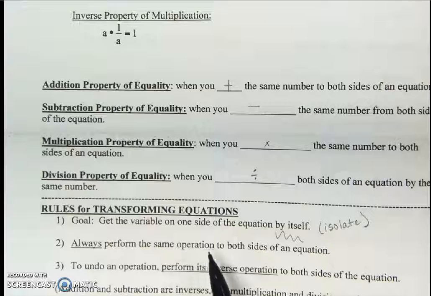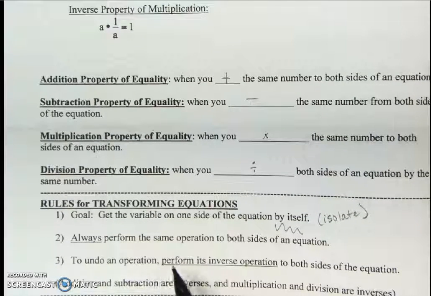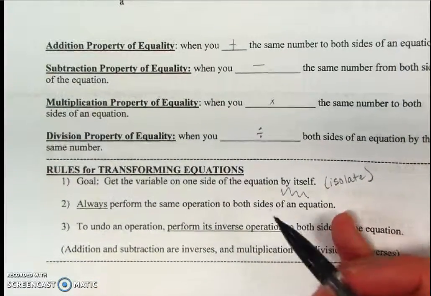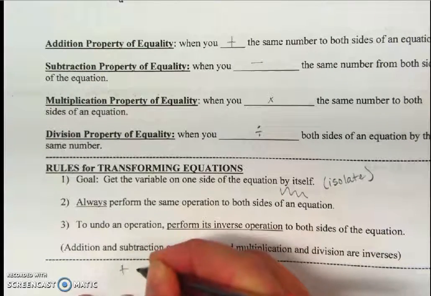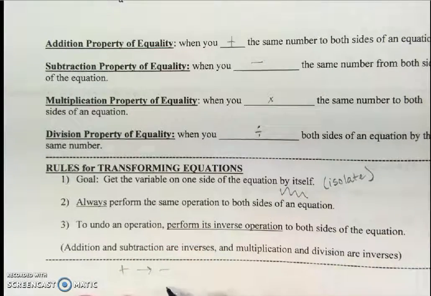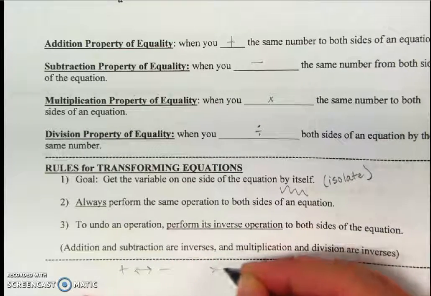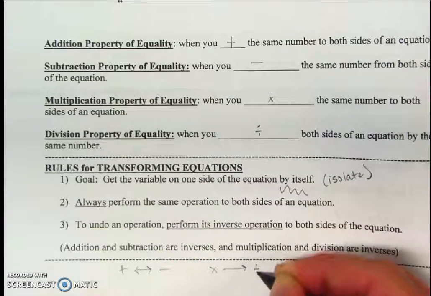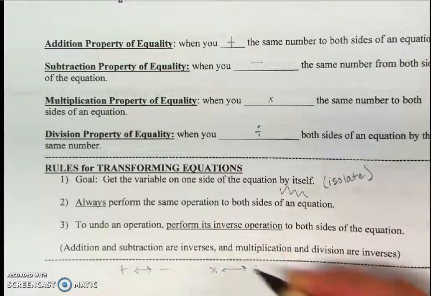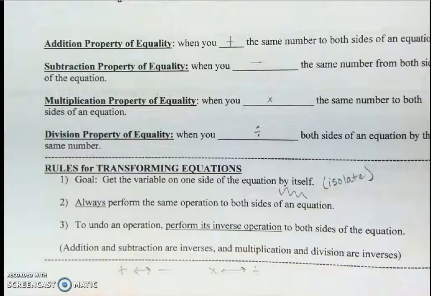Always perform the same operation to both sides of the equation, and to undo an operation, perform its inverse operation to both sides of the equation. So remember, like we just wrote down in interactive notebooks, adding is the inverse of subtracting, subtracting is the inverse of adding. Multiplying is the inverse of dividing, dividing is the inverse of multiplying. So these are the two that are connected.